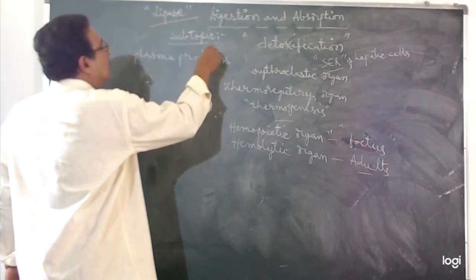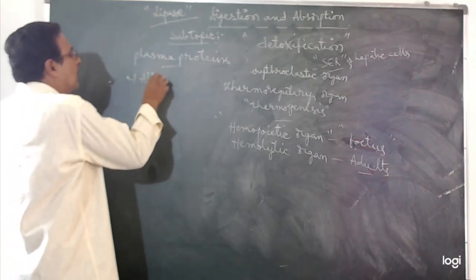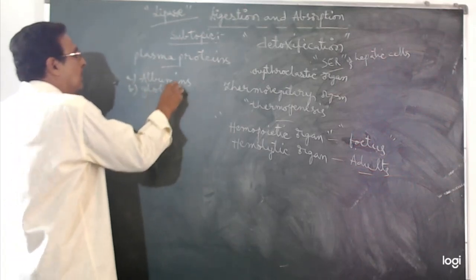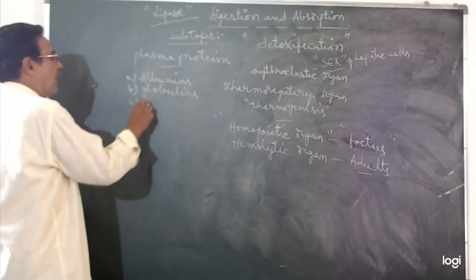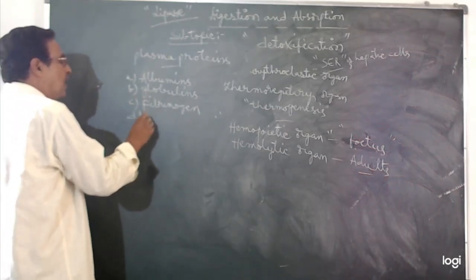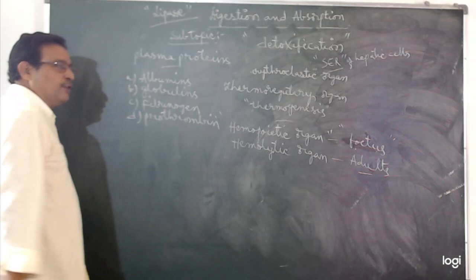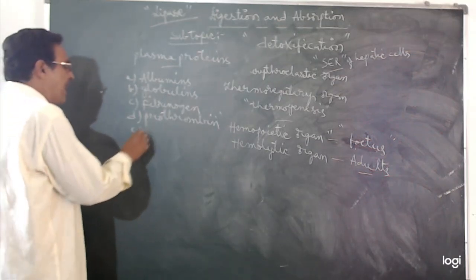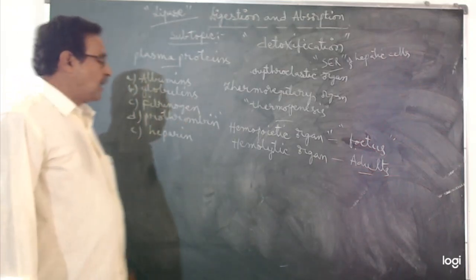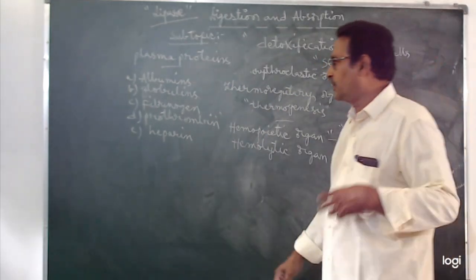There are different kinds of plasma proteins: albumins, globulins, fibrinogen, prothrombin, heparin. These are plasma proteins. Liver synthesizes all these plasma proteins.